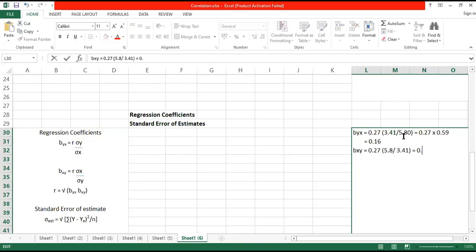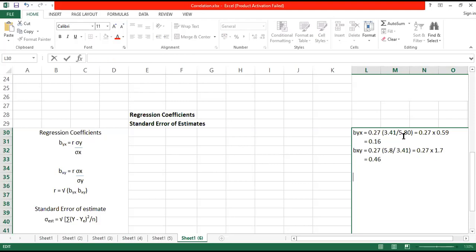So it is 0.27 into 5.8 divided by 3.41. So it is 1.7. Therefore, the value of b of xy is 0.46. Correct? That is 0.46.